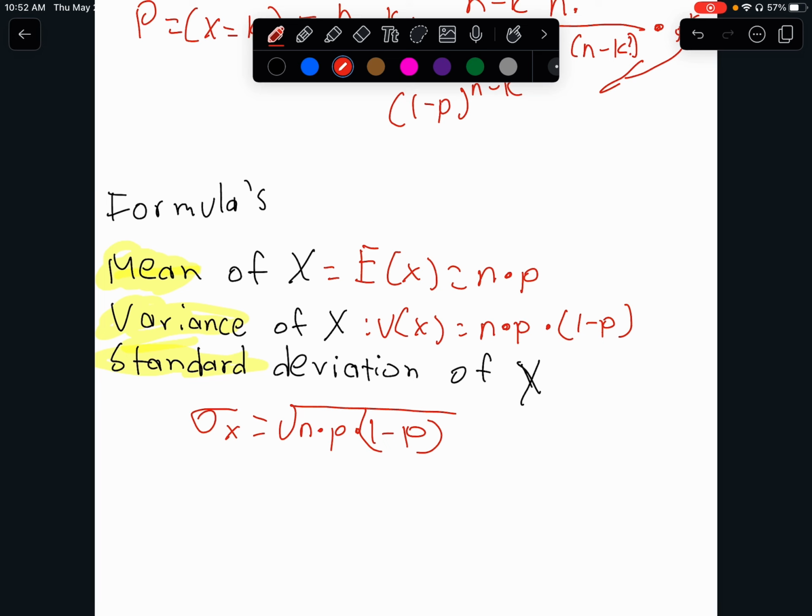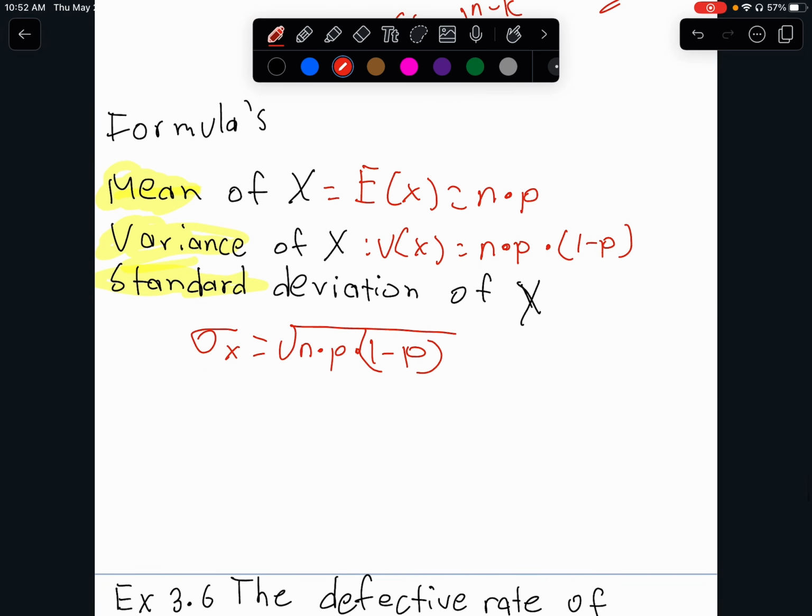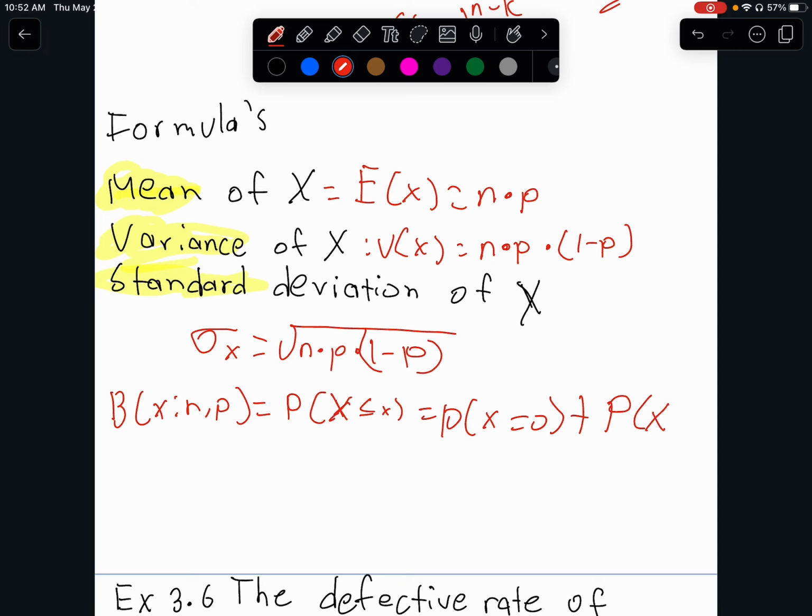As we go down, we also have the formula: if X ~ Binomial(n, p), then the probability that X is less than or equal to lowercase x is P(X = 0) plus P(X = 1) and so on, until we have a final value of P(X = x), the sum of the binomial values.